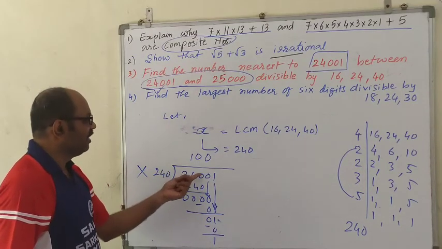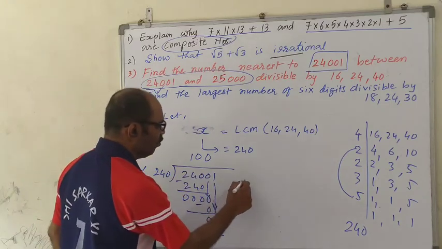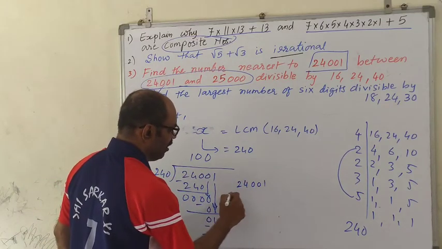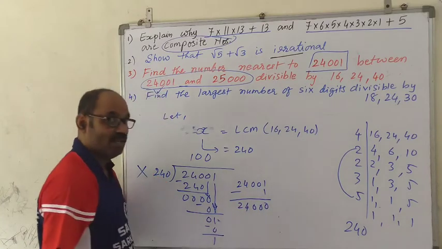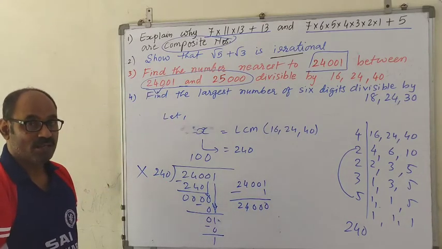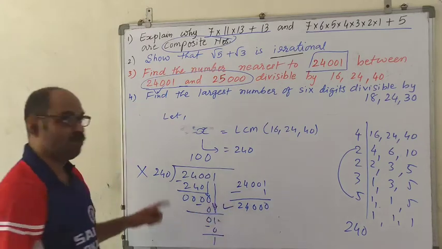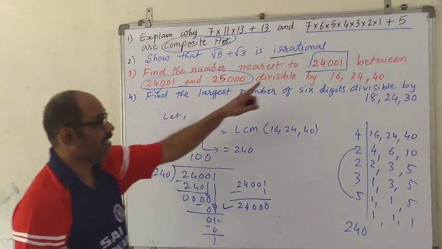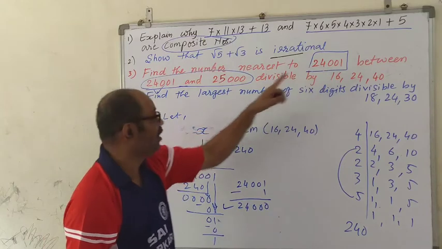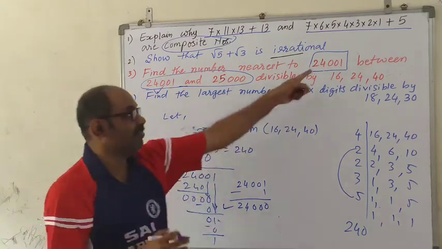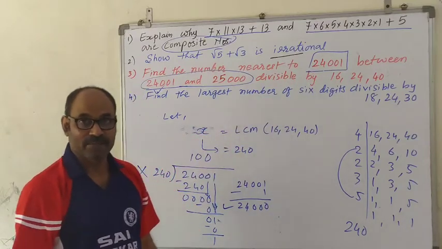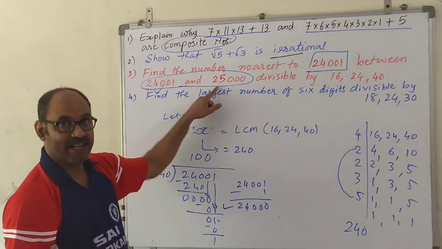So 24,001 is not a multiple of 240. Now if you want its multiple, remove one. 24,001 minus 1 is 24,000. This is a multiple of 240. But we need a number between 24,001 and 25,000. This is the same number, which is before it, not between 24,001 and 25,000.